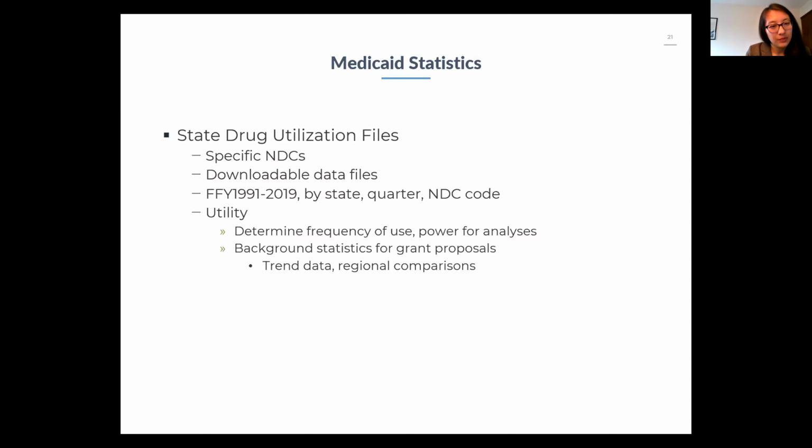So these can be really helpful if you are focused on prescription drug use to note frequency in advance of your project. If you're trying to get a sense of utilization over time, you can look at trends, make comparisons, and get a sense of whether or not your study is feasible.